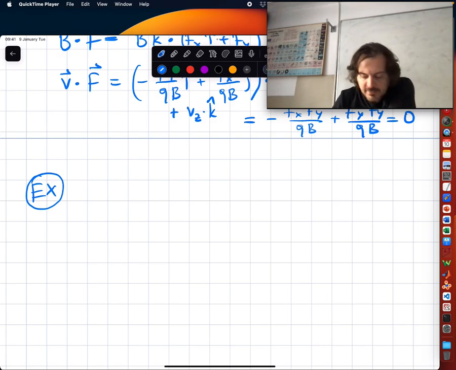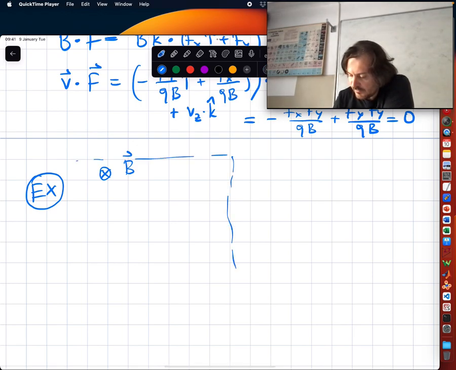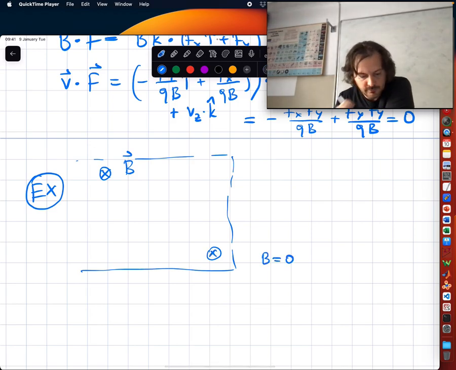So I have a magnetic field pointing in, but the magnetic field ends at a certain point. So it's in, but here the magnetic field is 0.